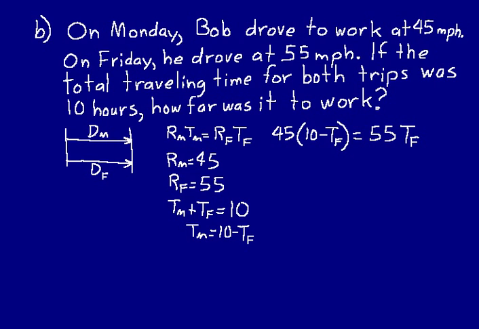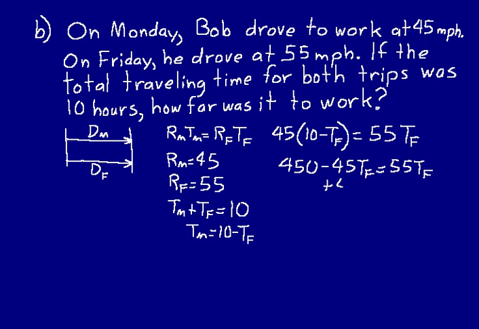And so we'll go 45 times 10 is 450, minus 45 TF is equal to 55 TF.